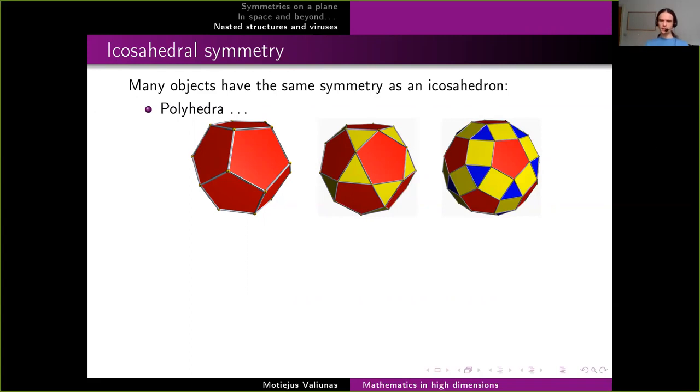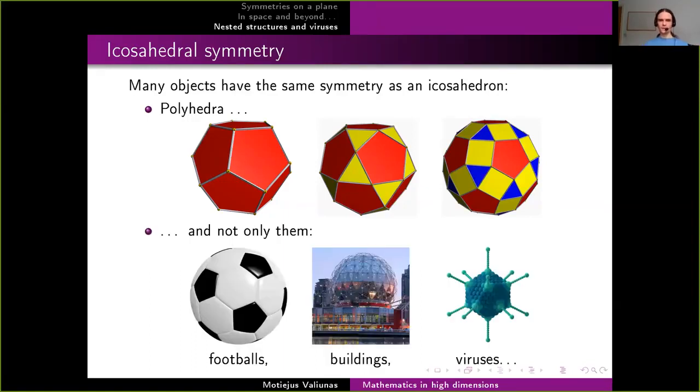But there are actually some real-life objects that you can see in your life that have the same symmetries. For instance, probably most of you have seen a football. If you look at how the black and the white faces are arranged, it also has symmetries of an icosahedron. There are also some nice buildings.